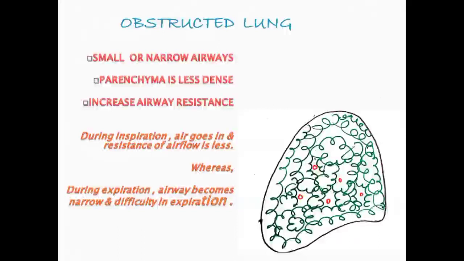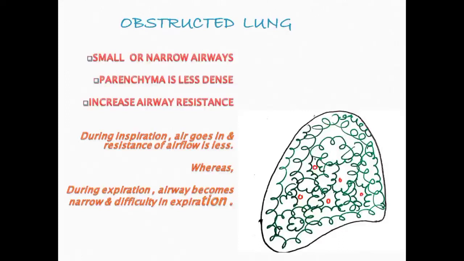This is the obstructed lung, meaning the airway has become obstructed, like in chronic bronchitis or any other cause. When the airway becomes obstructed, it becomes narrow, and we are inhaling air regularly. During inspiration, air goes in.